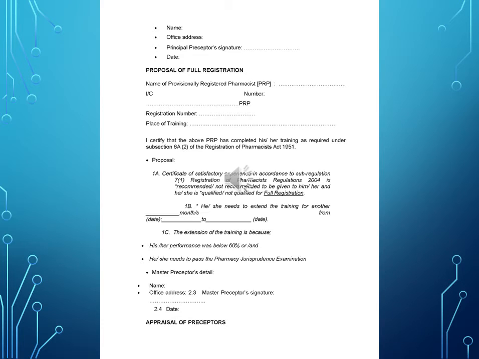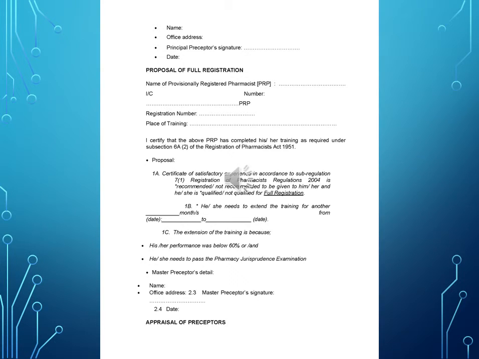Proposal of full registration. Name of provisionally registered pharmacist, PRP, license number, registration number. Place of training. I certify that the above PRP has completed his/her training as required under subsection 6A(2) of the Registration of Pharmacists Act 1951. Proposal. 1A.